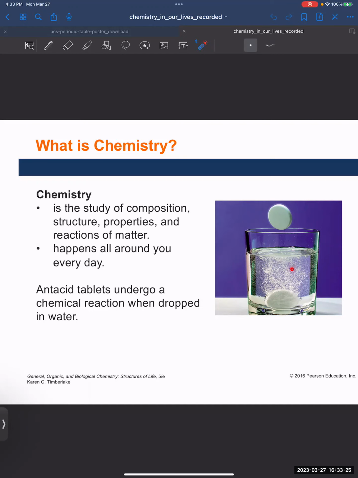And if you put these tablets in water, you'll notice it begins to fizz. And basically what's happening is that the antacid is undergoing a chemical reaction. Now, this is just an example of the antacid in water, but if you take the antacid, then it's also undergoing a chemical reaction in your body to help reduce the acid reflux that is causing the heartburn.